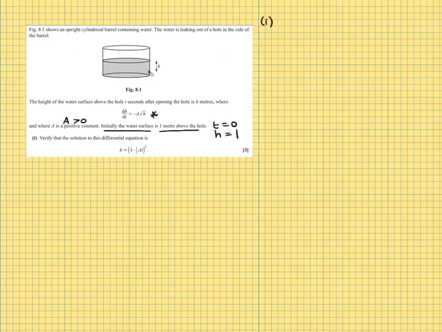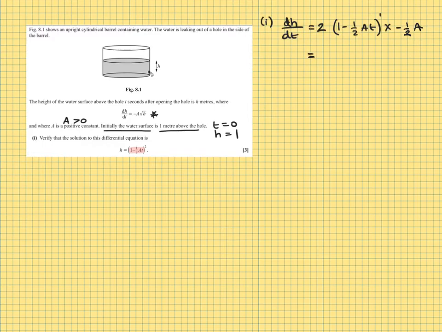So I could just differentiate. So dh by dt, well, this is a chain rule, it's a composite function. I'm going to multiply by the power of 2, reduce the power by 1, so it becomes a power of 1, and then I'm going to multiply by the derivative of the innermost function here, which gives me negative a half a.